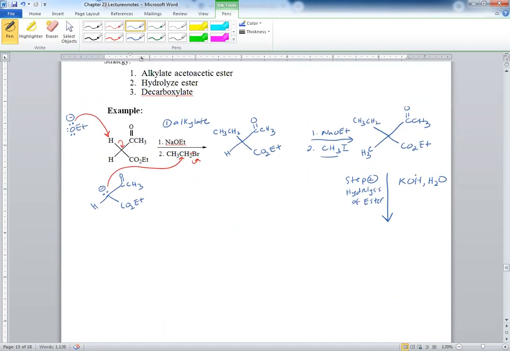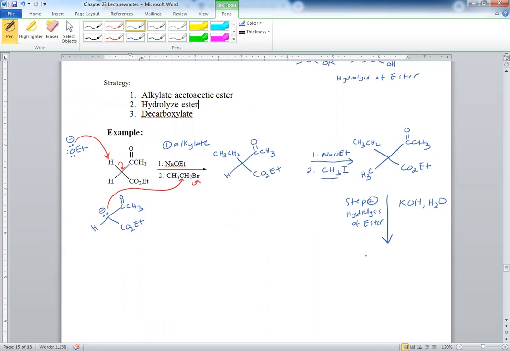In this case, instead, we're going to produce the carboxylate because it's base promoted. So I'm going to draw it out, and here it is. Now, of course, this can be protonated very easily by an acid.